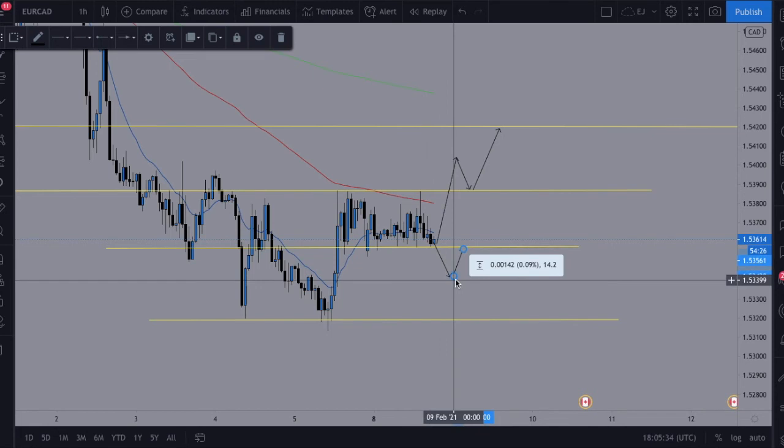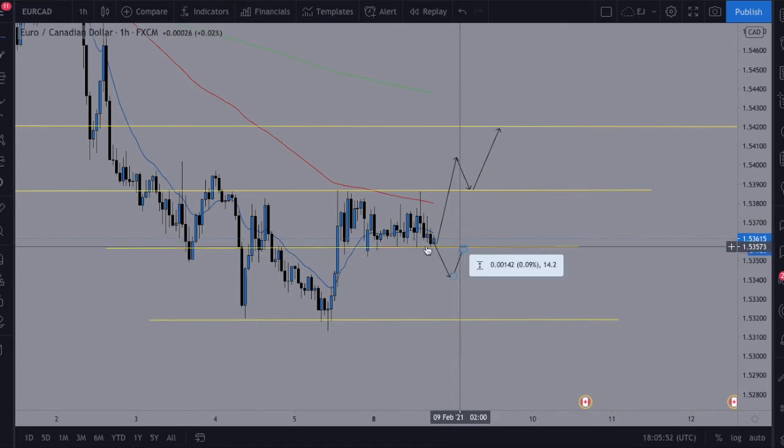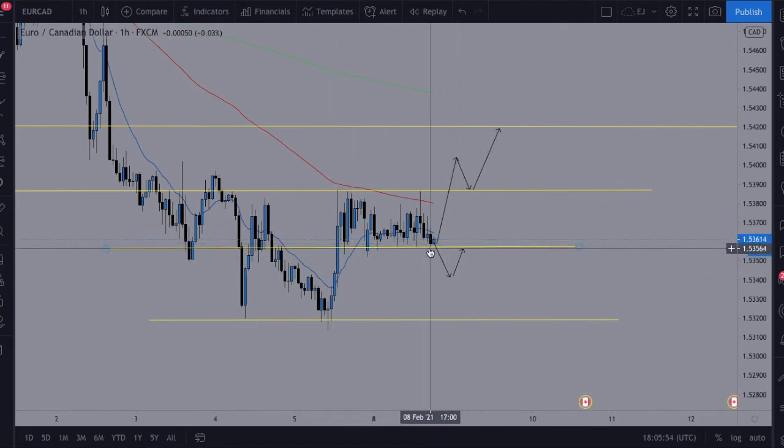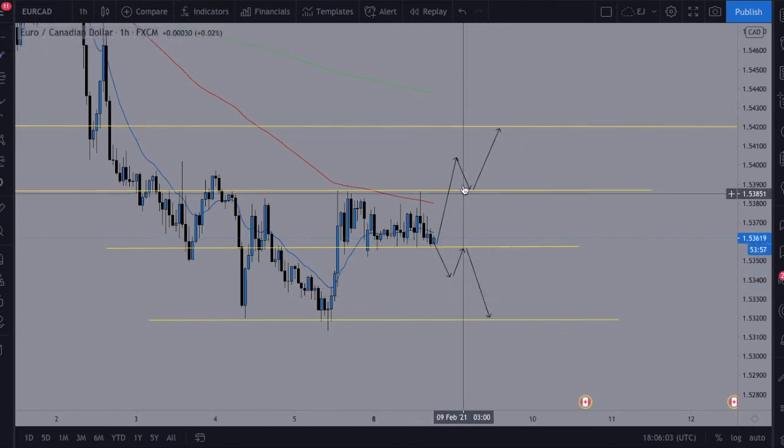We've broken the support, and because price is now trading below it, this broken support can act as a resistance. Because this line has held for so long and is holding quite significantly, once price comes back to retest it we can expect a reaction, maybe to fall back down to here. So that could be two ways you can use support and resistance.